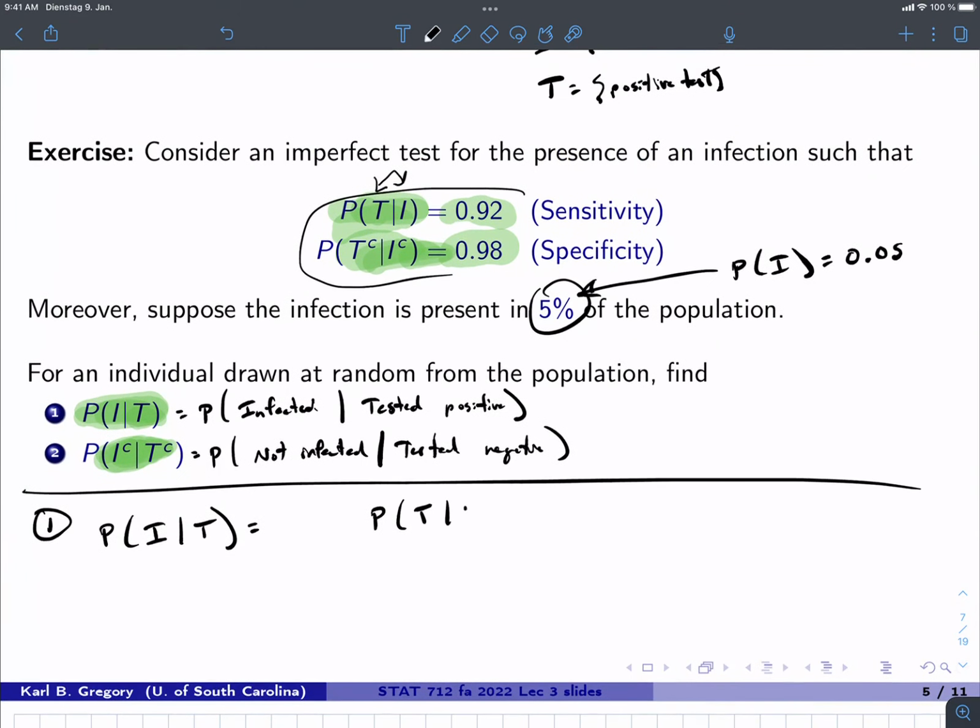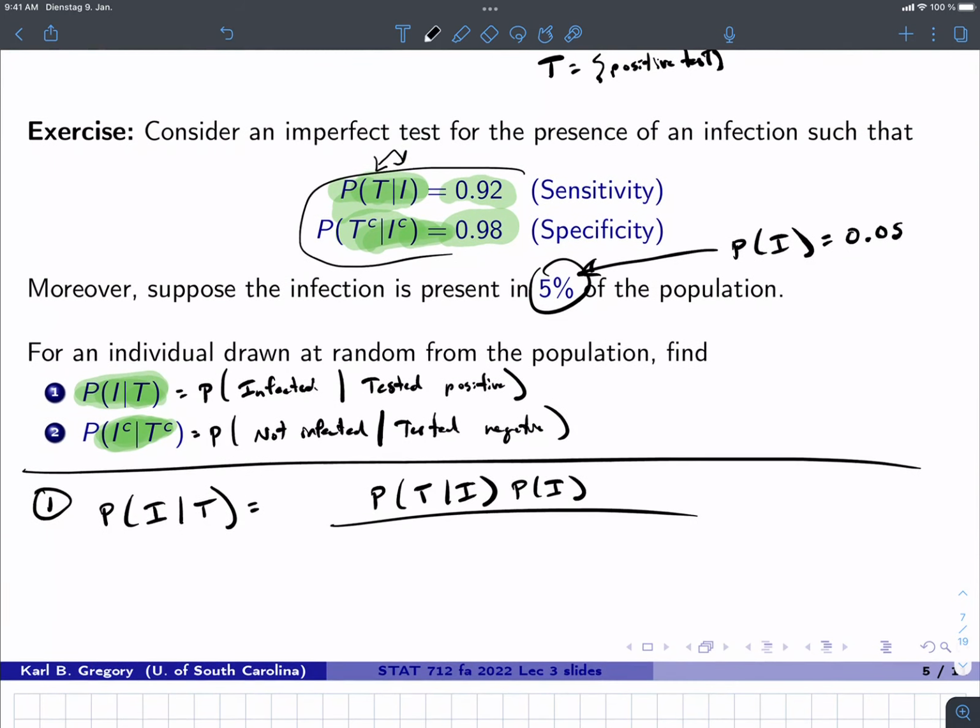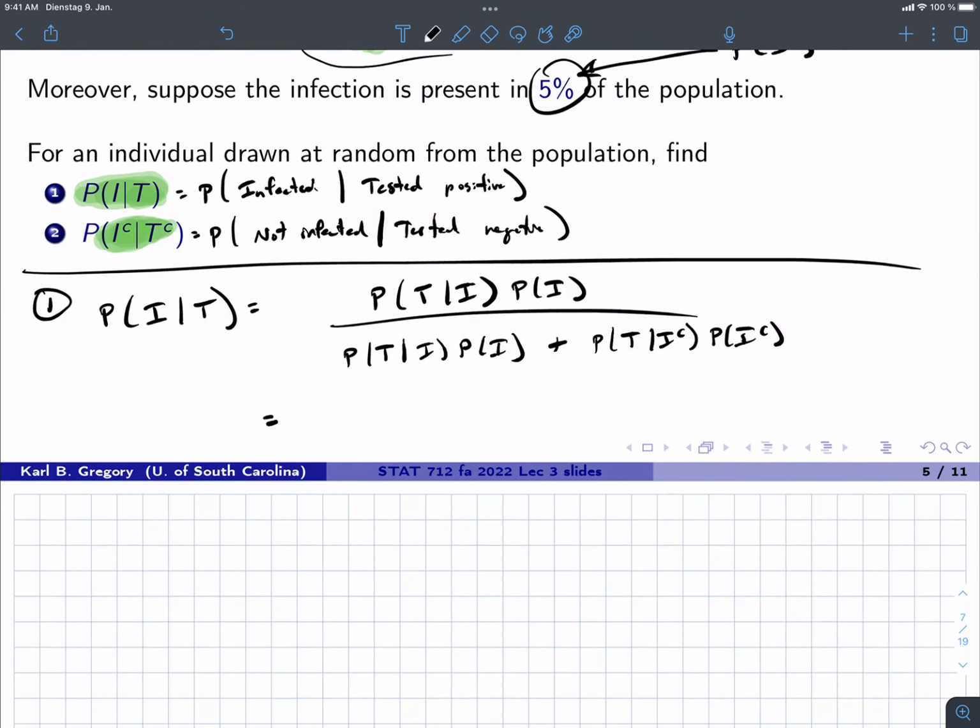I want to put in the numerator the probability of testing positive given you're infected times probability infected. Then that same thing goes here again. And now I have probability testing positive given not infected, probability not infected. Okay, let me move this down here.